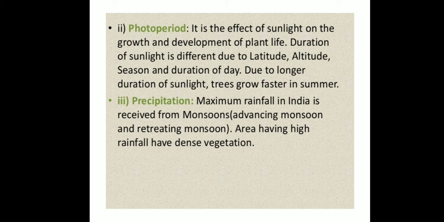Then the next one is photoperiod. It is the effect of sunlight on the growth and development of plant life. Duration of light is different due to latitude, altitude, season and duration of day. Due to longer duration of sunlight, trees grow faster in summer.